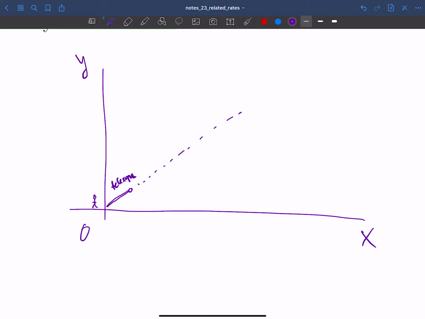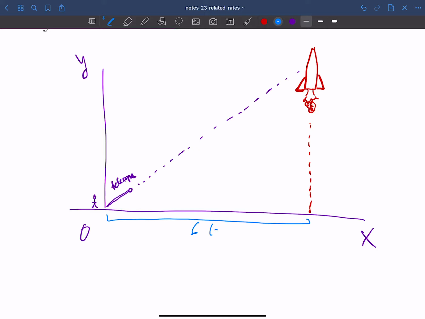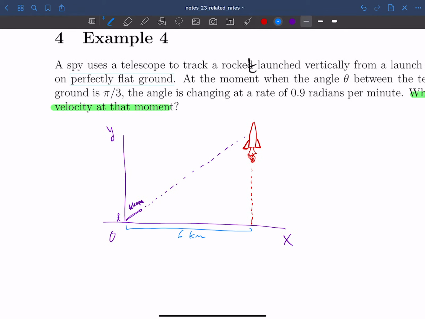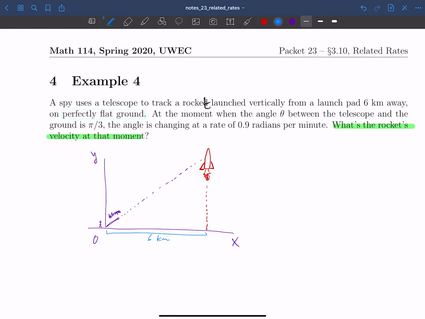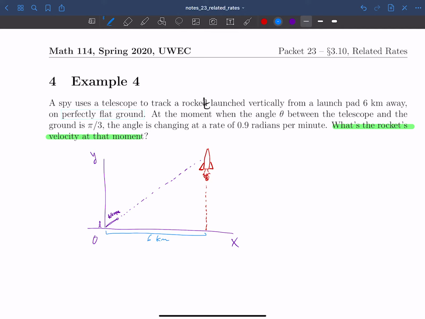They look in a straight line with the telescope, and they can see a rocket. And that rocket is 6 kilometers away. What's the rocket's velocity at that moment?